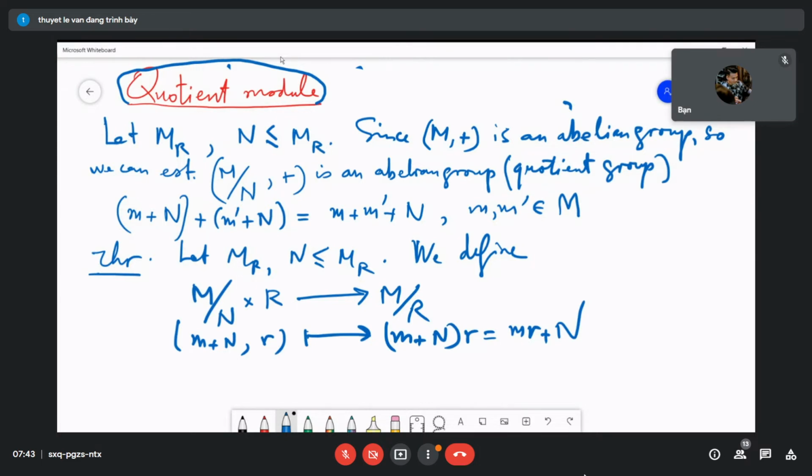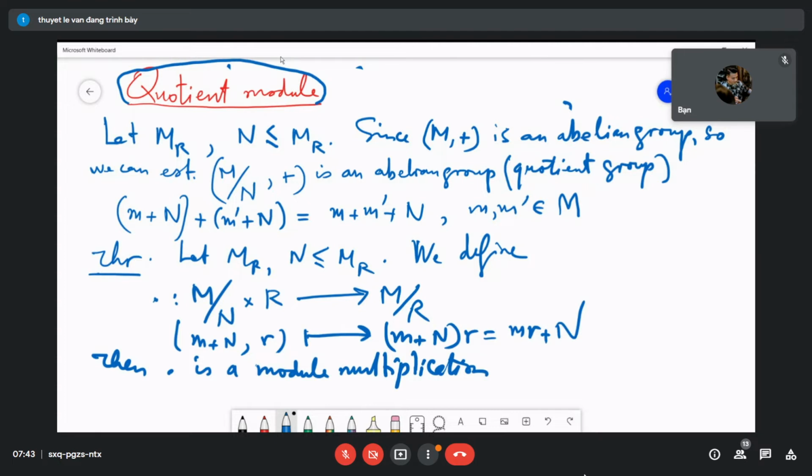Then, for example, I say that this is a module multiplication.